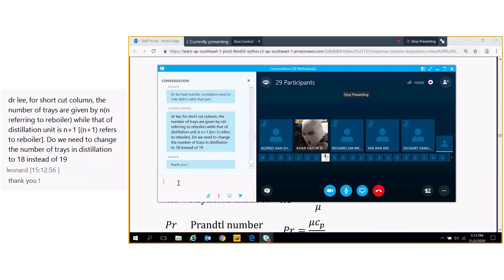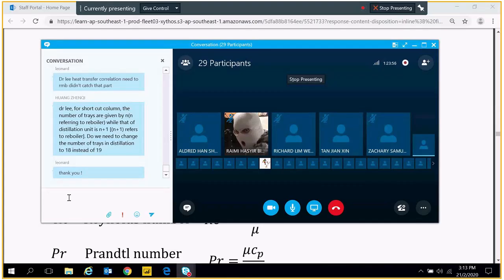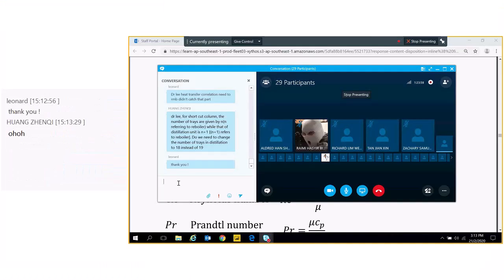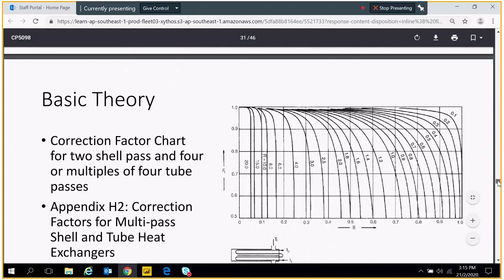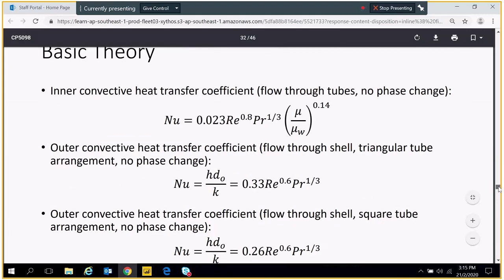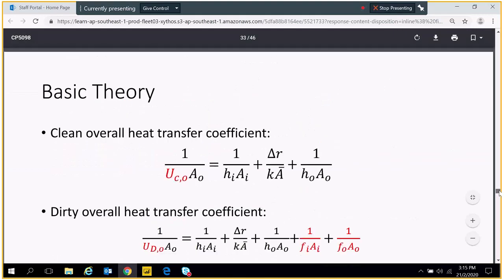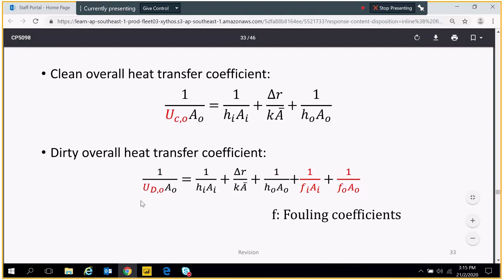No, the number of trays does not include the reboiler. If this is one shell pass and one tube pass, don't use a chart. The chart is for multi-pass. No need to remember this correlation. This one is for the tube.